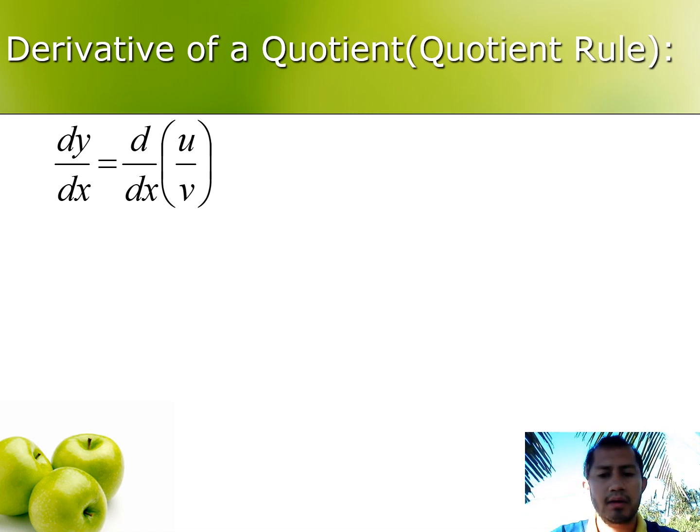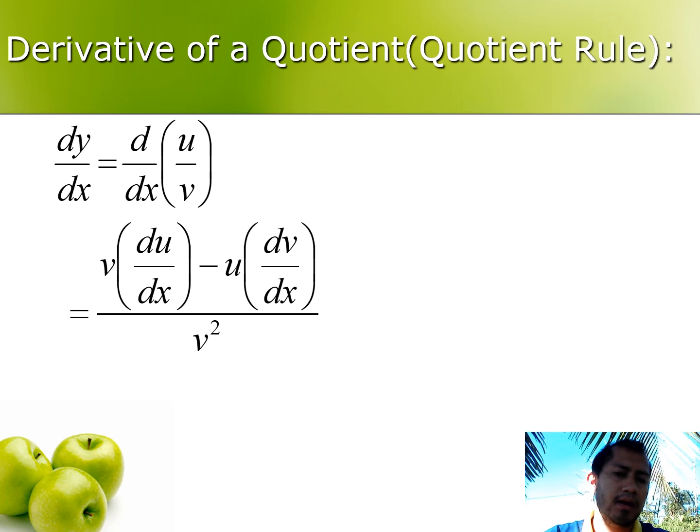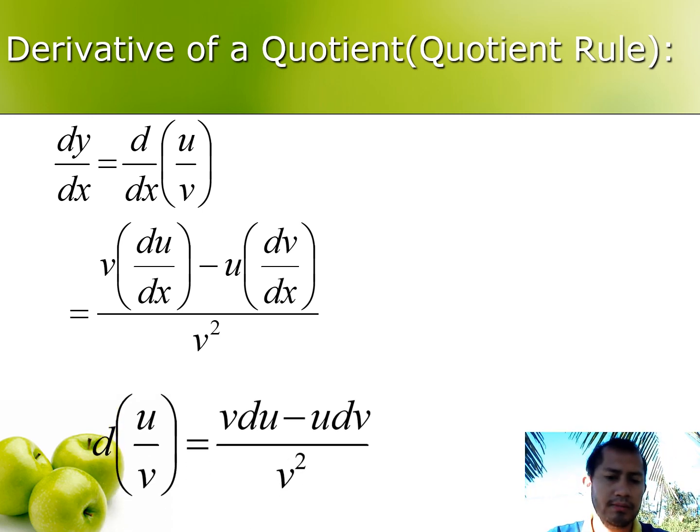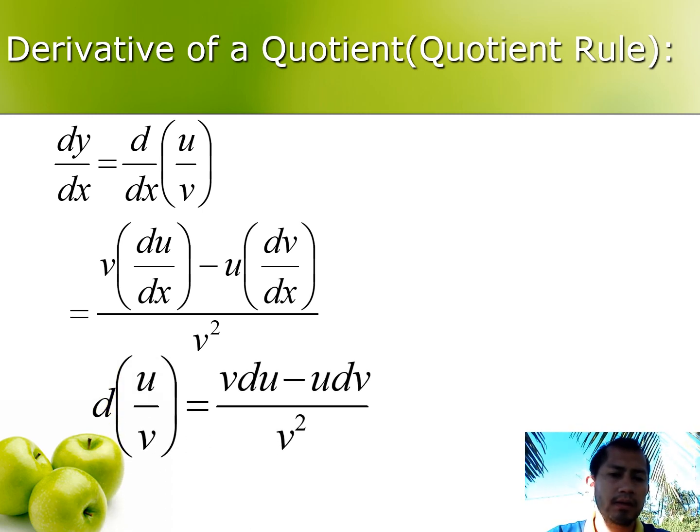So the derivative of y with respect to x, if the given is u over v, a fraction, is v times du dx minus u times dv dx all over v squared, or simply the derivative of u over v is equal to v du minus u dv over v squared.